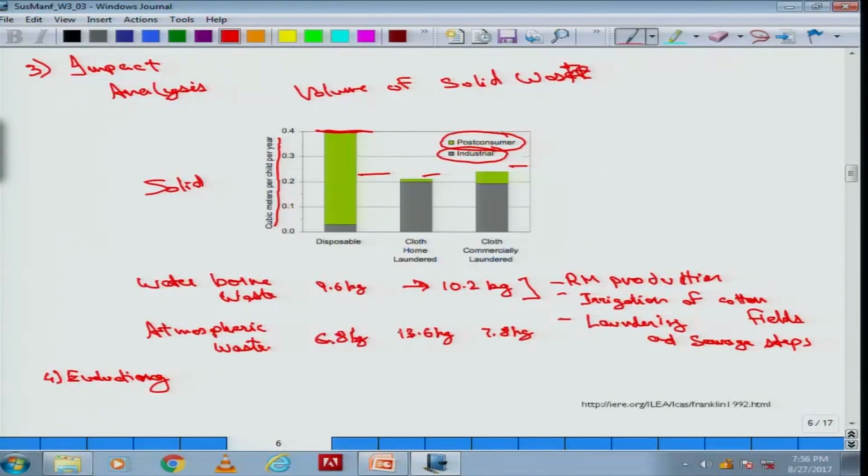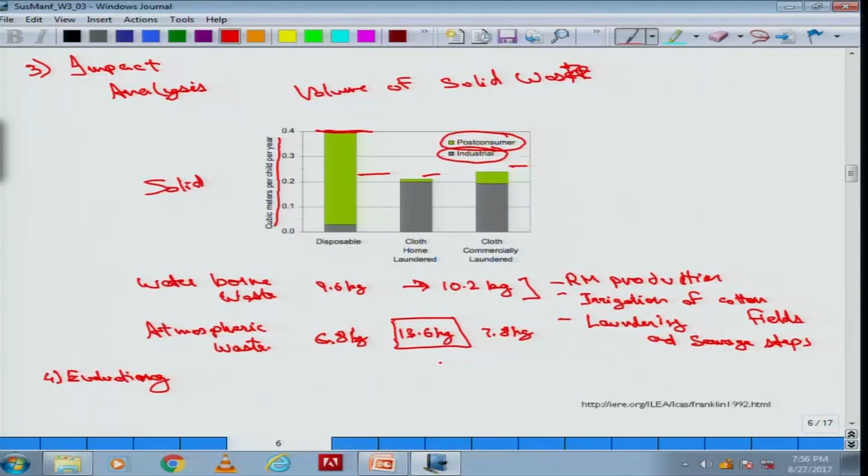So, why is this value so high? Home laundered diapers essentially produce more atmospheric waste because of the washing of diapers at home. Washing is energy intensive, and the laundering process indirectly increases the atmospheric emissions from electricity generation.